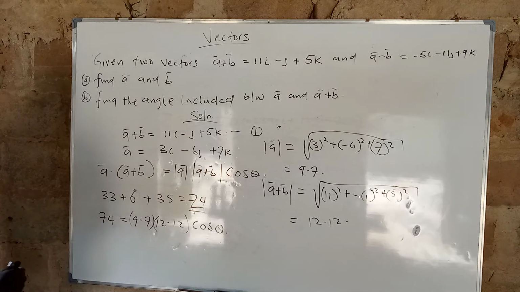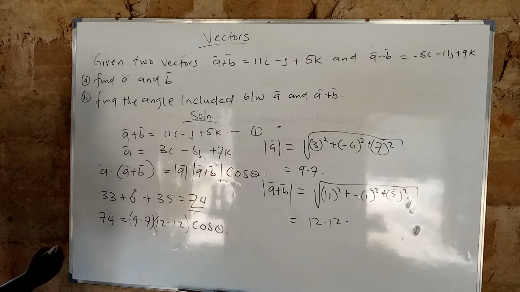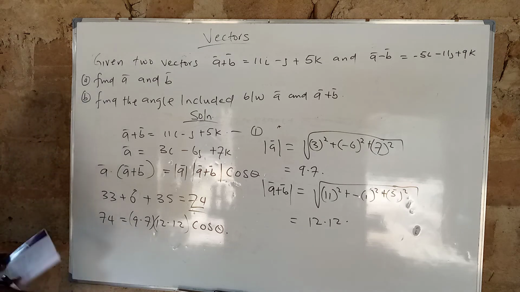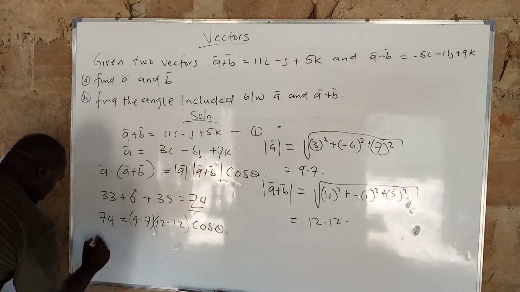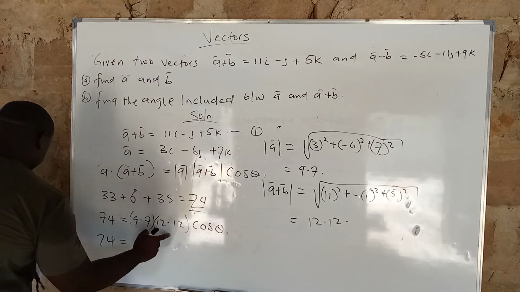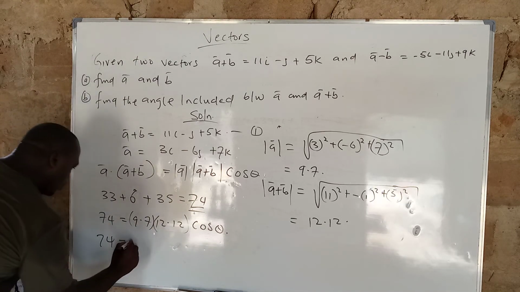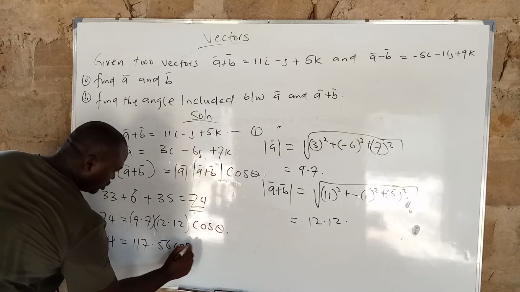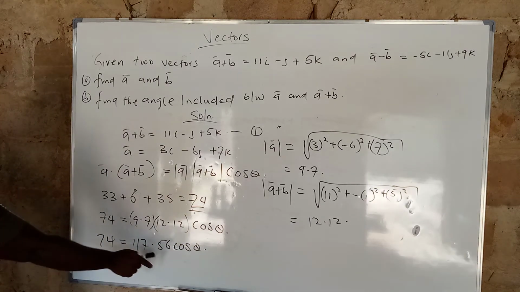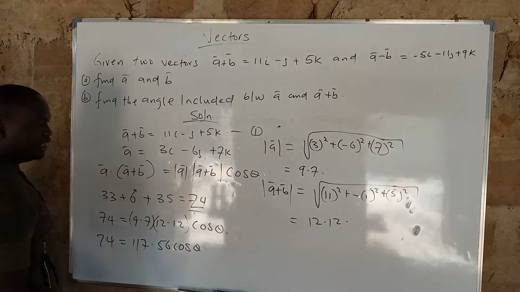So we have to do an inverse to get theta. From here, 74 is equal to this times this, which gives 117.56 cos theta.